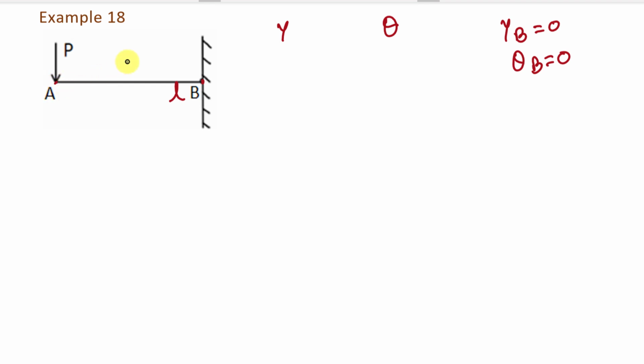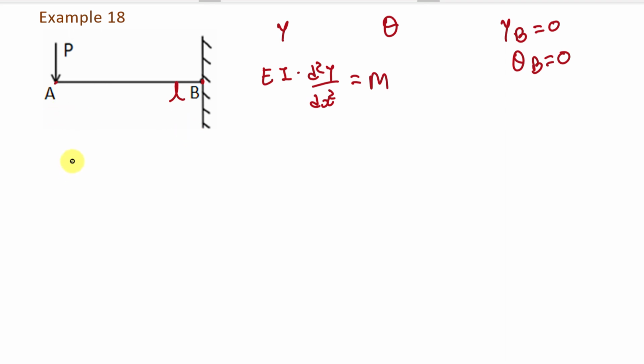Fine. Now how to find the value of deflection and slope by using the double integration method? We know the equation, that is E into I into d square y by dx square is equal to M. Here this M is the value of bending moment in this body as a function of x, and we have already discussed how to find the value of bending moment as a function of x in chapter 4, shear force and bending moment diagrams.